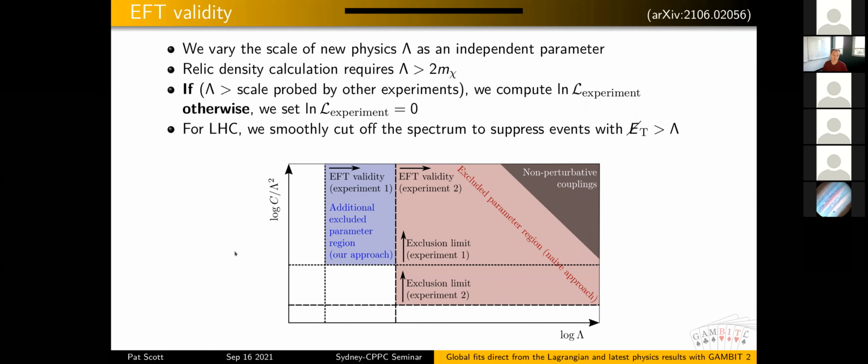But because we vary the scale of new physics and the Wilson coefficients independently, and we look at each of the scales probed by each experiment individually, we actually end up being able to exclude more than in the kind of naive approach where you basically just demand that the EFT has to be valid at all of the experiments that you're including.